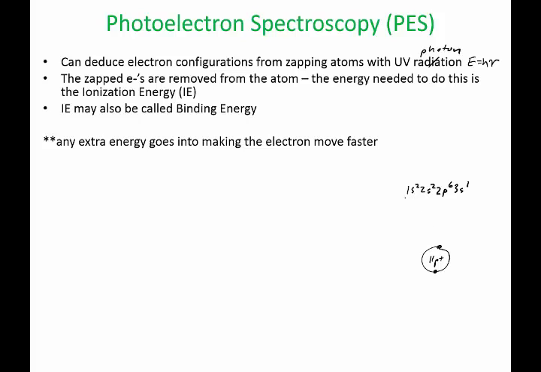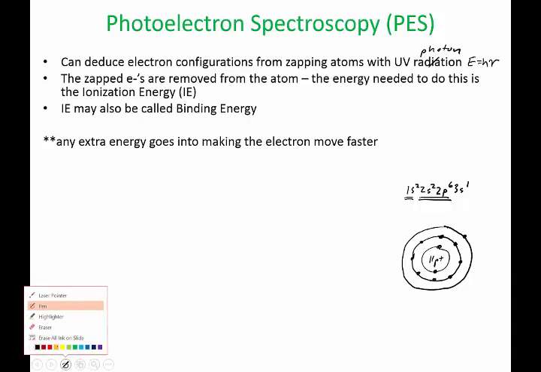On the first ring, I'm going to have 2 electrons. On the second ring, or second energy level, I'm going to have 8 electrons: 1, 2, 3, 4, 5, 6, 7, 8. And then on the third ring, I'll have 1 electron.